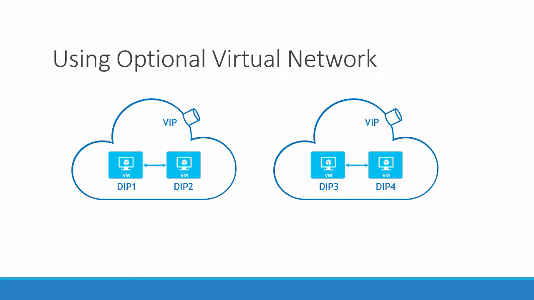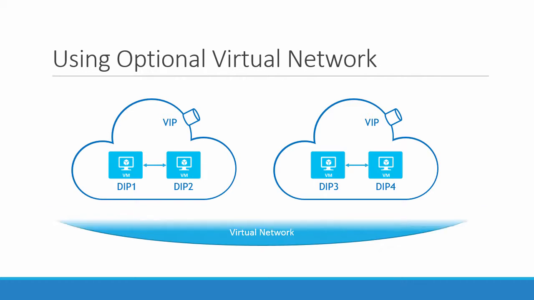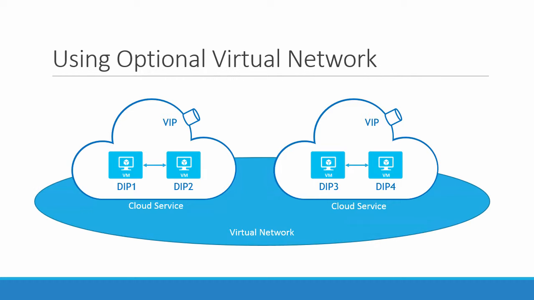So optionally, what I could do was create this virtual network. So I would create the virtual network first. Within a virtual network, I can define what IP space I want to use. Now, normally this would be from RFC 1918, so the 10 dot, the 192.168, the 172.16. It doesn't have to be.